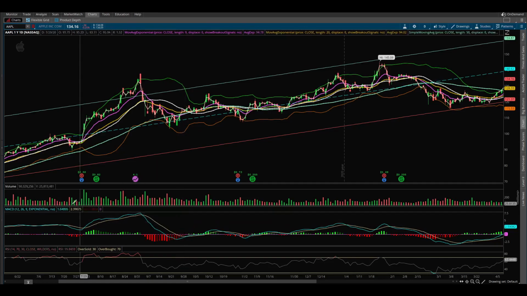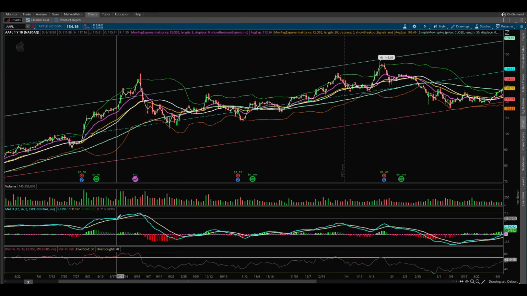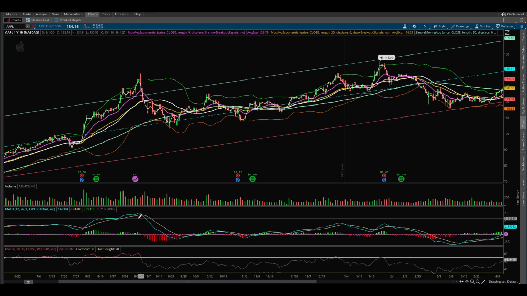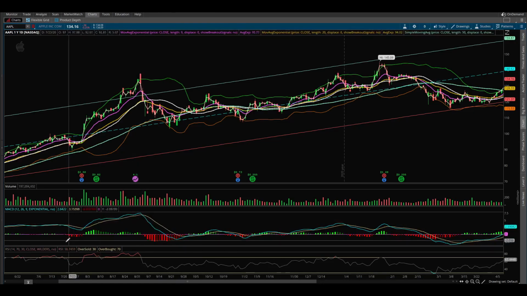So all you need to know is that there will be two lines which constantly cross each other, and the points at which they cross are the important points to take note of, as I will share later. Next, the RSI stands for the Relative Strength Index and is a momentum indicator that measures the pace of recent price changes.